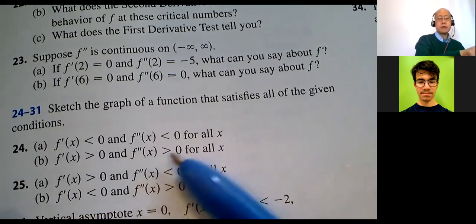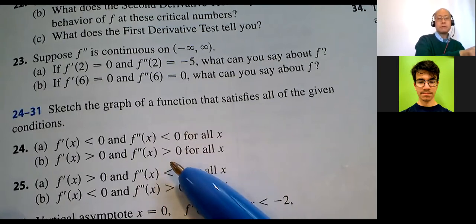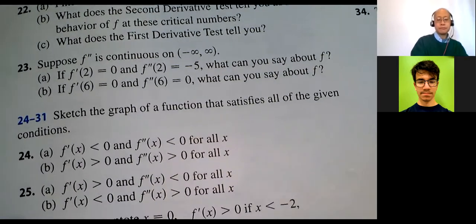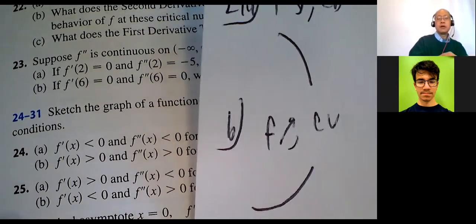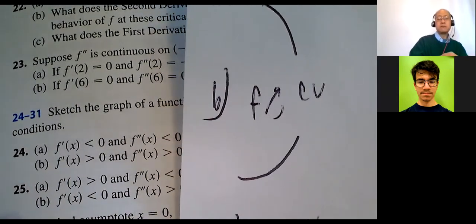Increasing, concave up. 24B, increasing, concave up.